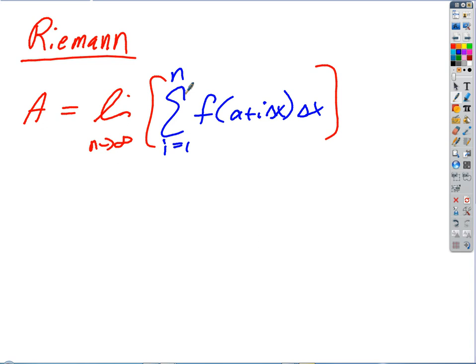That's always going to give us the exact area under a curve, which is what we just did. And the terminology we use for this, a plus i delta x, we just call c sub i. C for convenience. Seriously, the most convenient way to describe the height of the ith rectangle is at its right edge.